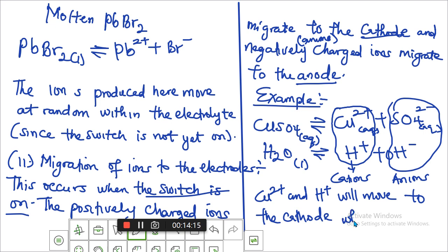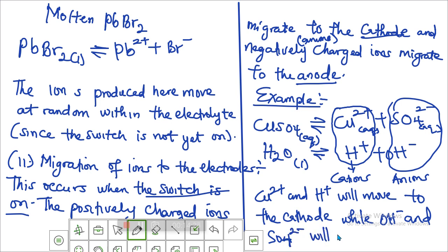While OH- and SO4 2-, being anions, will move to the anode. I hope you are getting it. So that's it. I hope you understand. So let's continue.